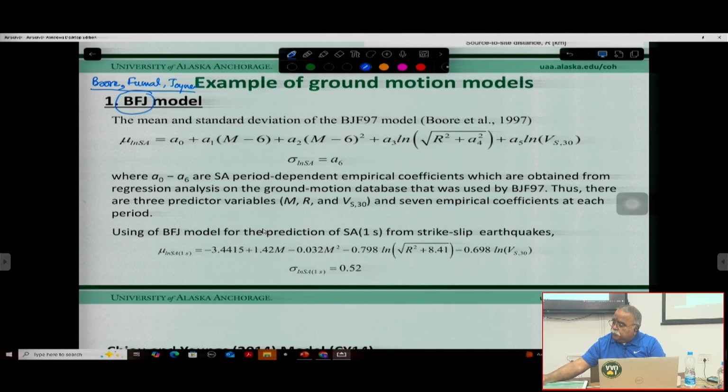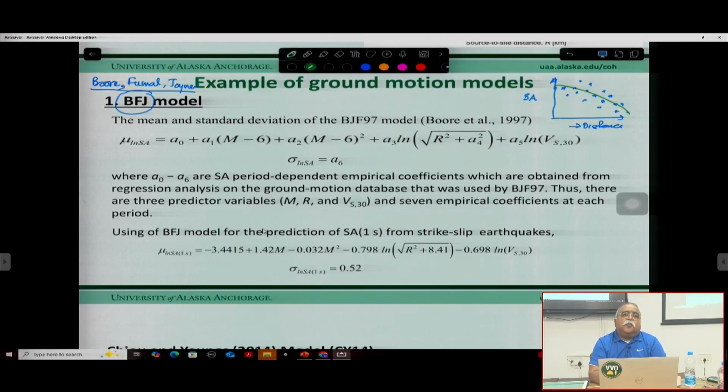That means, suppose some parameter, let's say SA, the spectral acceleration, with distance, they had calculated a lot of actual values from the different earthquakes, right? And based on this earthquake data, they performed a regression analysis and got a relation, right?